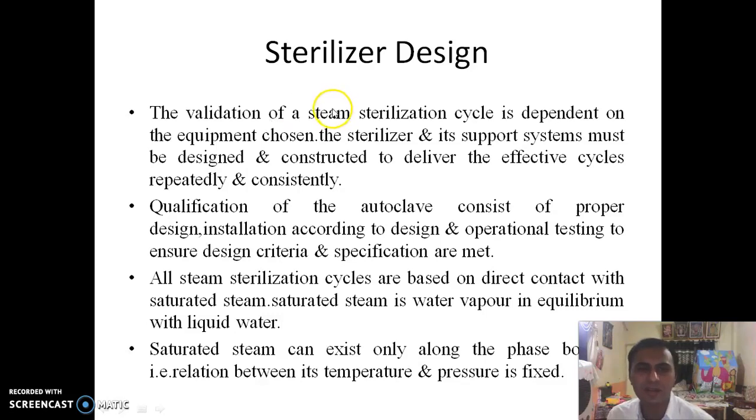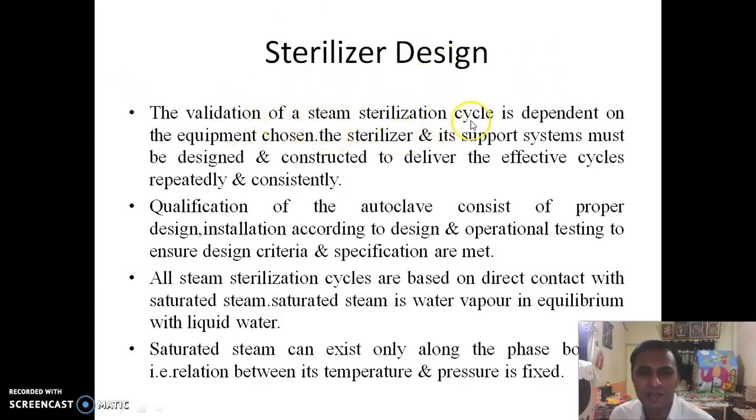Currently we are discussing autoclave validation, that is a type of equipment validation. So we are going to check all the things in the validation. As we are familiar with calibration, in calibration we check the accuracy. We are checking the accuracy in the validation.